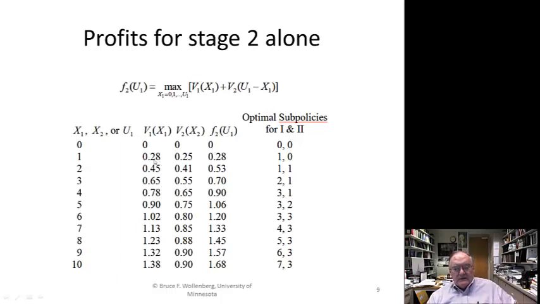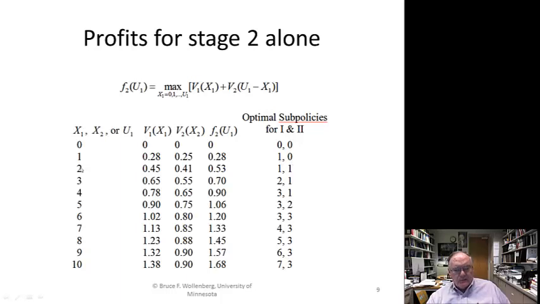Now, if I said I'm going to allocate one object, then V1 of X would be 2.8, and V2 would be 0, or I allocated 0 to V1 and the 1 to V2, and I only got 2.5. Therefore, the optimum for this value of U1 equals 1 is 2.8. It's this one. We take the maximum. So the optimal sub-policy is to allocate 1 to X1 and 0 to X2.